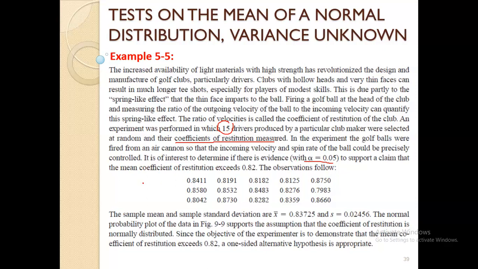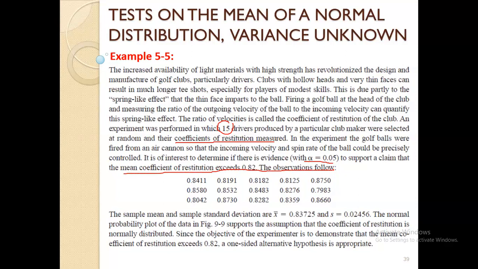We would like to check whether the mean coefficient exceeds 0.82. Exceed means greater than. So the null hypothesis is equal to 0.82, and the alternative is greater than 0.82.